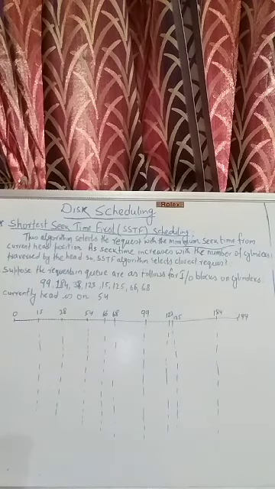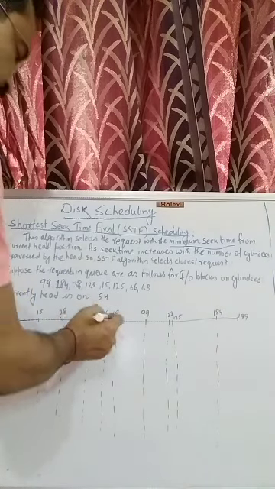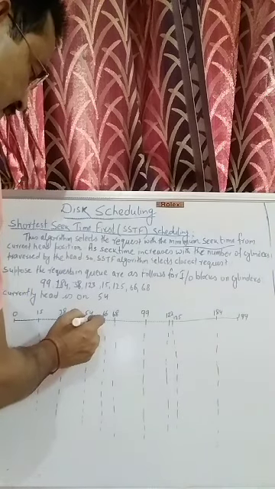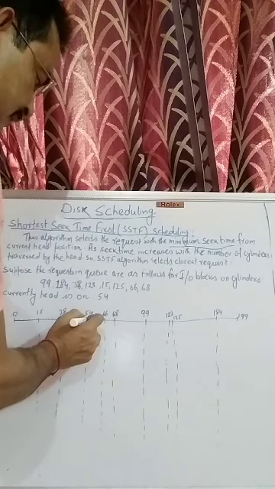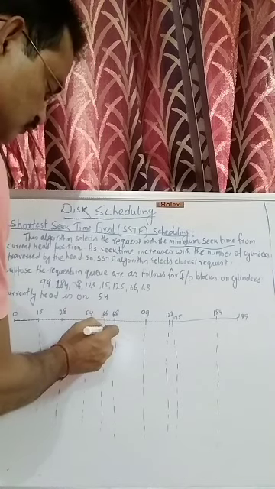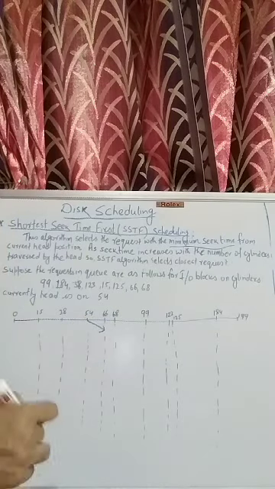So this is the nearest request, the request in which the lowest head movement is required, which is 66. So the head from the current location 54 moves to 66. The down arrow is used to represent the time taken in between.